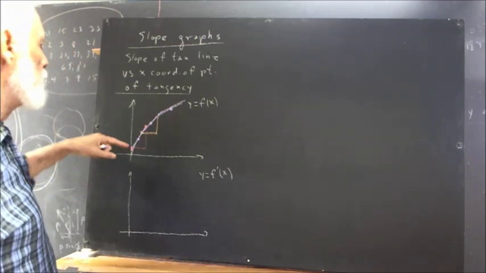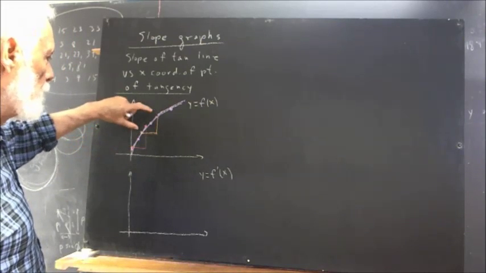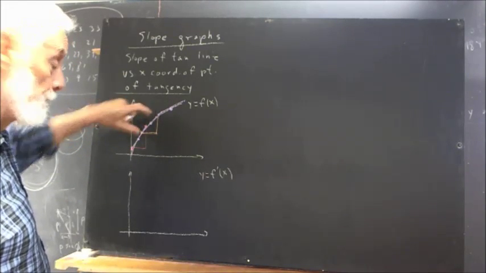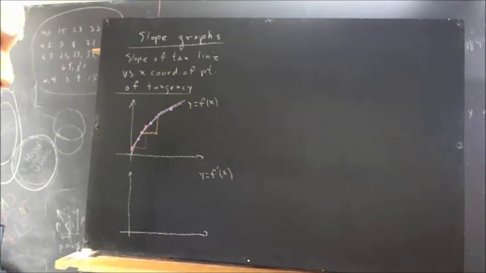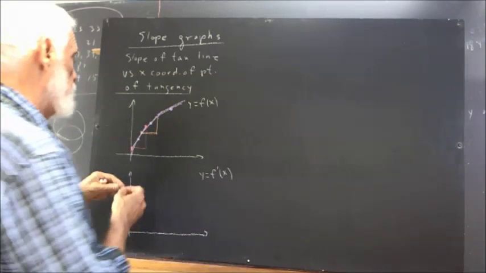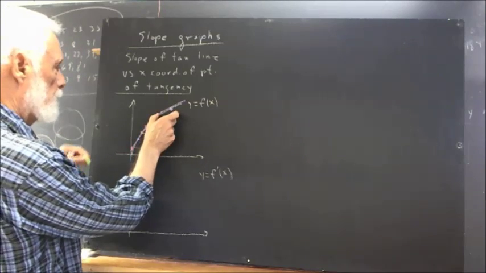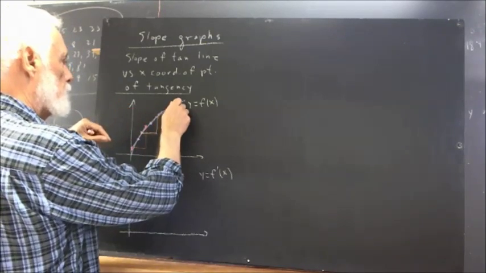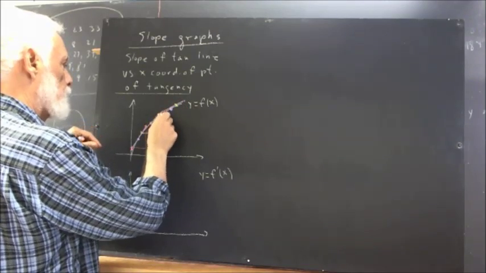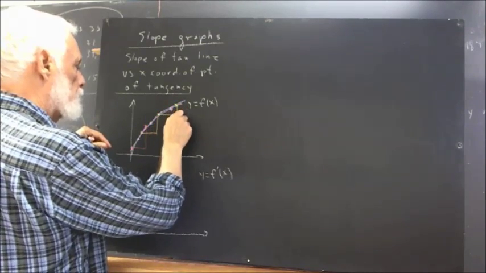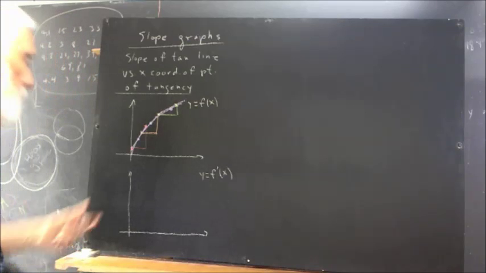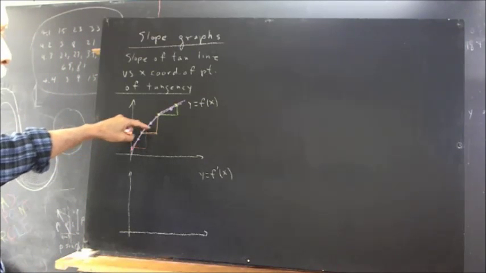I want to use points such that the run of the triangle I get between the 2 points is always the same. So the run is this, the run is this, the run up here needs to be this, which means that my second point would be here, let's say, if the first point is here.